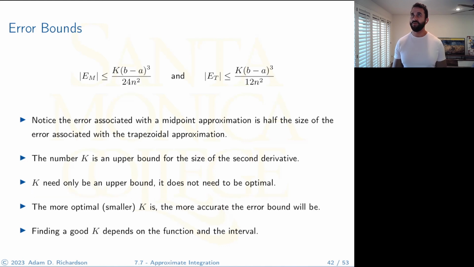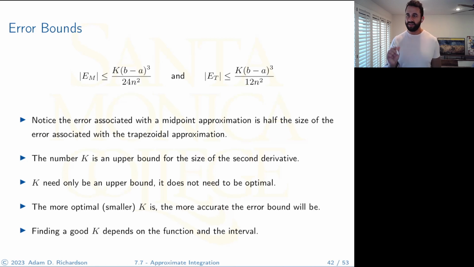So for example, if you know that your second derivative is always going to be less than 3 on the interval a to b, you could pick k to be any number above 3 or equal to 3. You could pick it to be 4, 5, 6. You could pick it to be a million, right? But the more optimally you choose k, the more accurate the error bound will be. Remember, these formulas are just bounding the error.